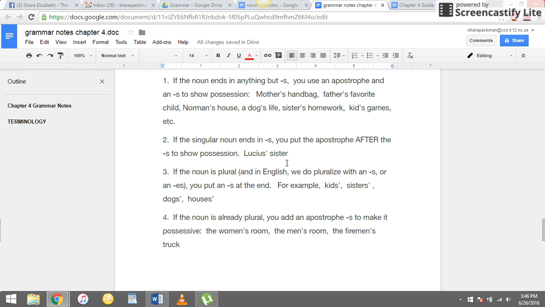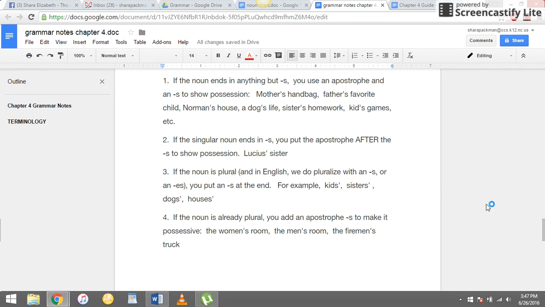If the noun is plural, you put an S at the end and then an apostrophe. For example, kids. If something belongs to more than one kid, it's the kids' playtime. It's the sisters' favorite food. It's the dogs' yard. All of these are plural. More than one dog, more than one house, more than one kid, and more than one sister.